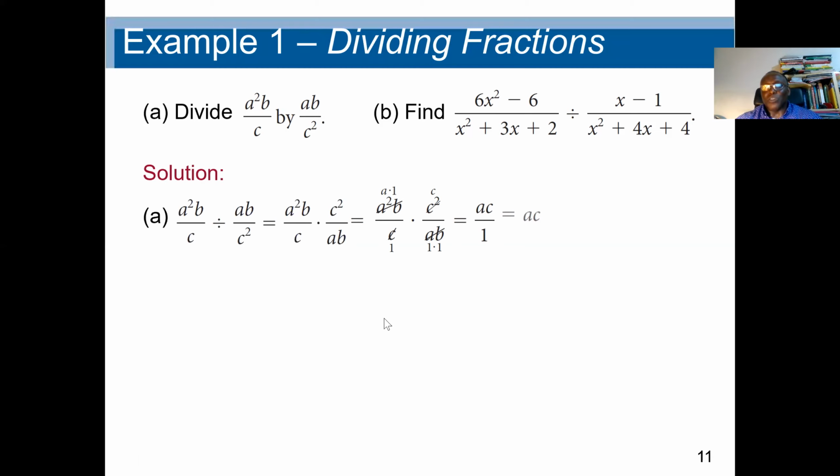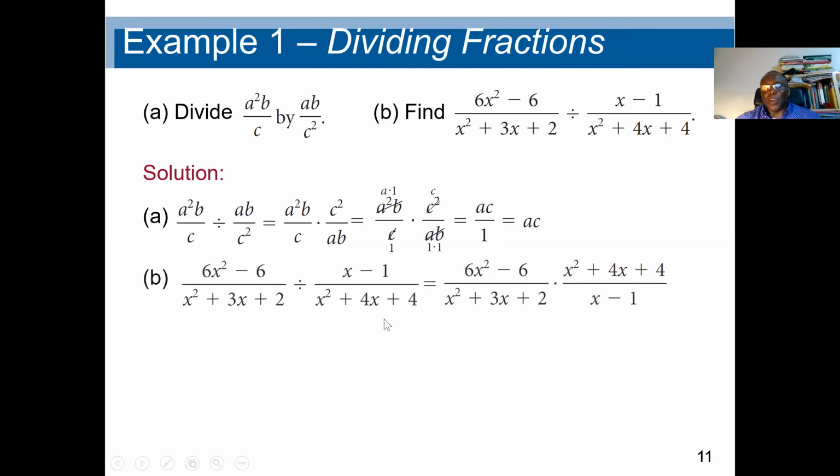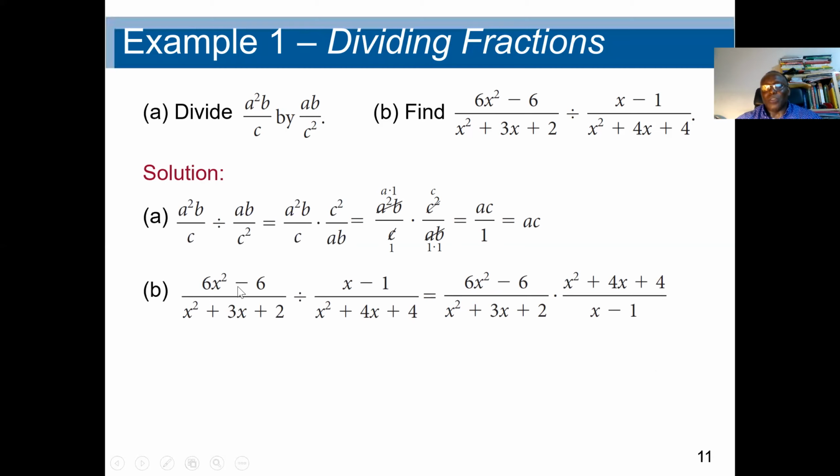Now, the second question is more interesting because we can see that here we have a binomial and trinomial divided by a binomial and trinomial. First thing, of course, we always change the division sign to multiplication. Then I can look at the expression to see if I can factorize or reduce the fraction.